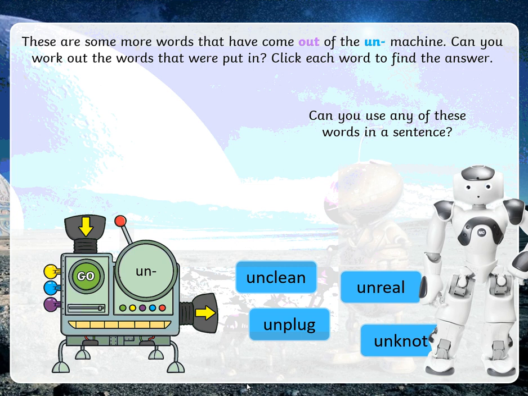Okay, now these words, the robots have been tampering with their machine, and this time they've managed to end up with the words with the prefix on, but they don't quite know what the words meant originally. So can you help them? Write down the words without the prefix. So when you're ready, grown-ups, start the tape again. So the first word, unclean.